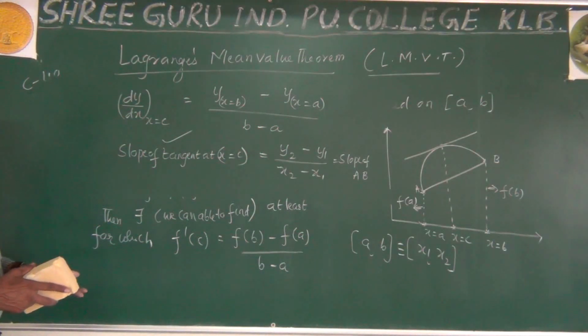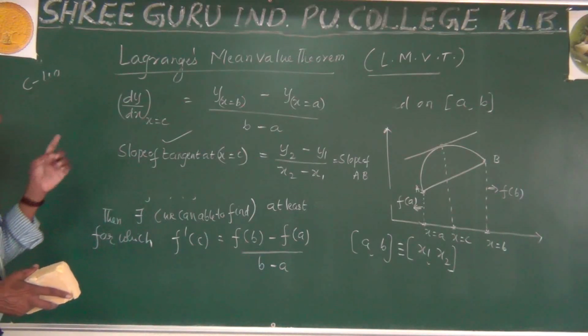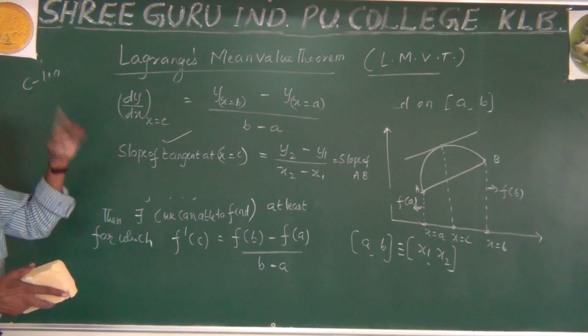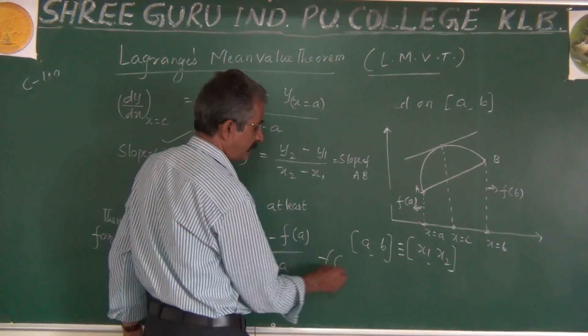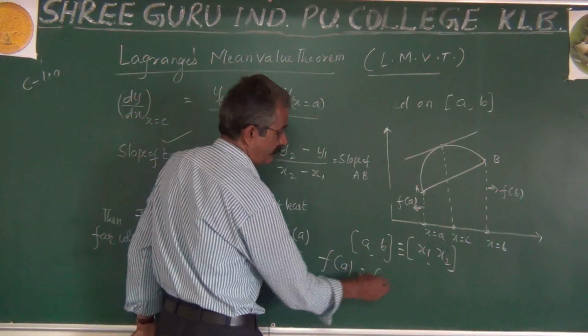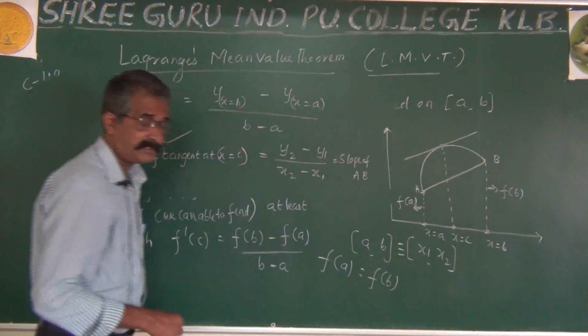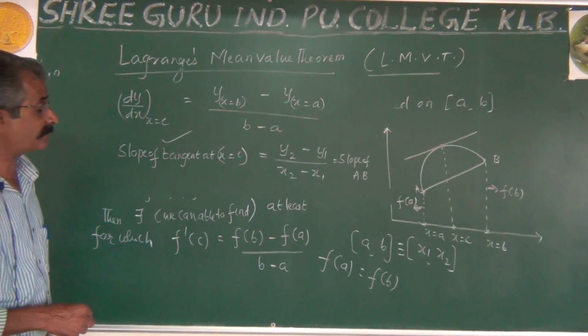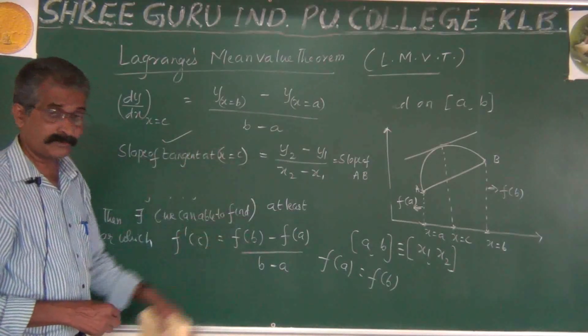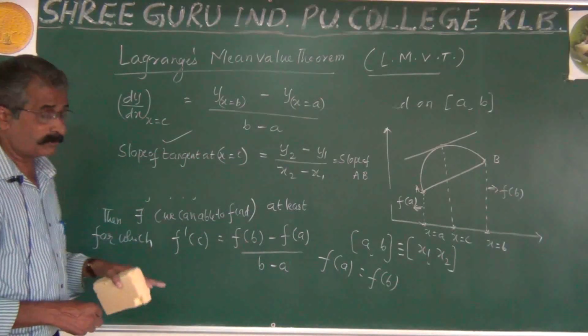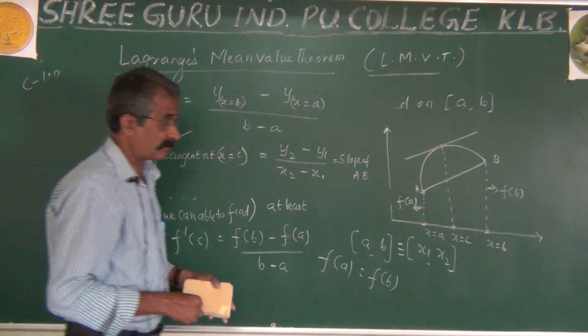Now, it's quite obvious that Lagrange's theorem can be transferred to Rolle's theorem if f of a and f of b coincide, means become equal to each other. That means f of b minus f of a becomes 0, f dash c equal to 0, nothing but Rolle's theorem.